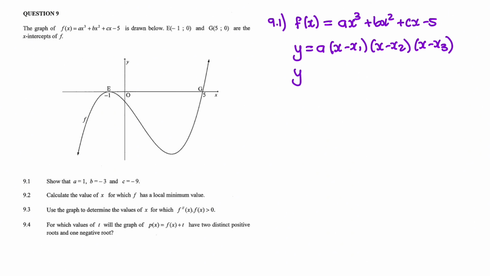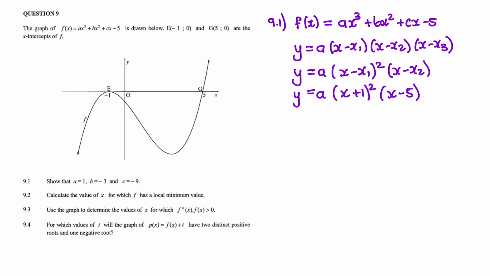So y can be written as a times (x - x1)², that's the value that repeats, times (x - x2). Now if I substitute my x-intercepts, I have y equal to a(x + 1)²(x - 5).